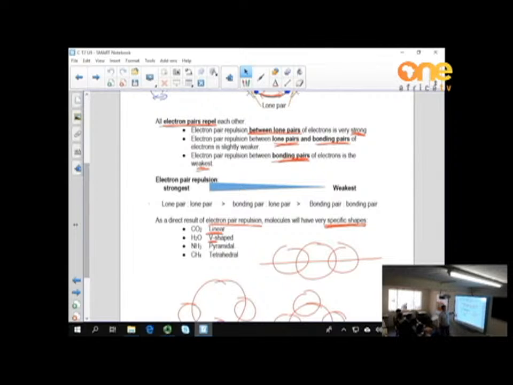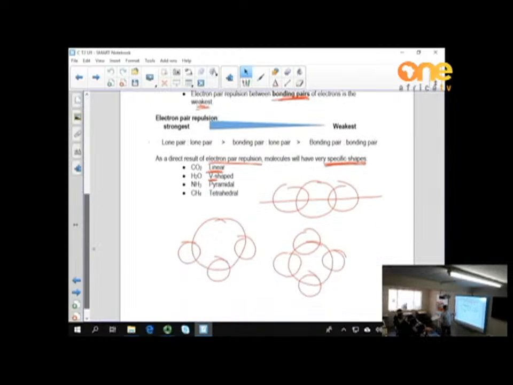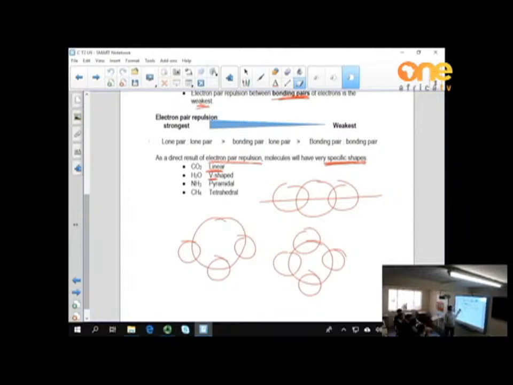We then said that lone pair repulsion is the strongest, bonding pair is the weakest. And we found then that molecules can be pushed into specific shapes.